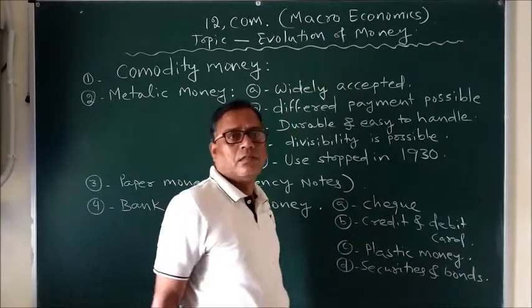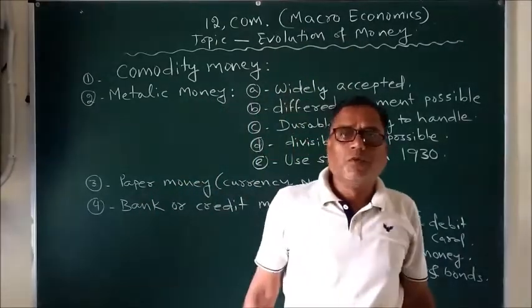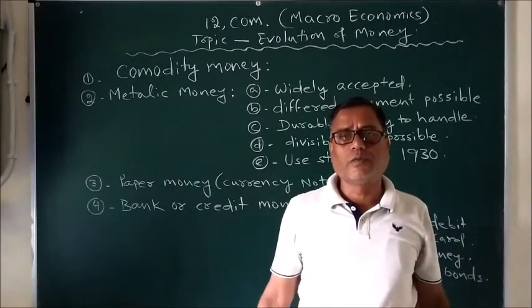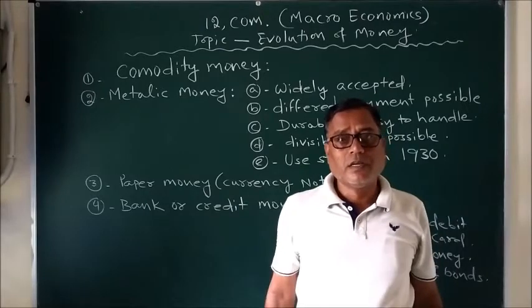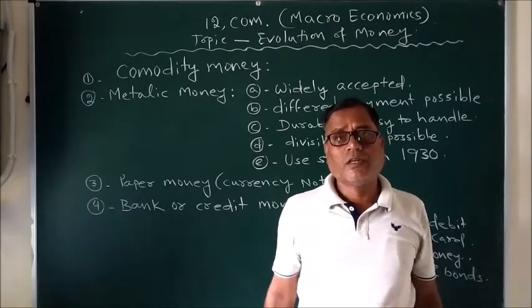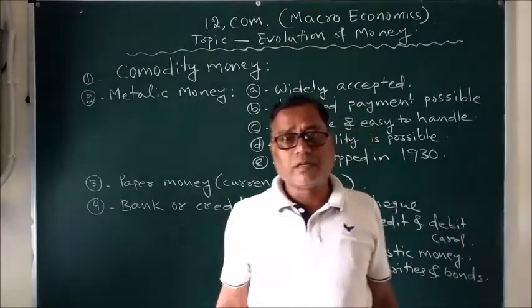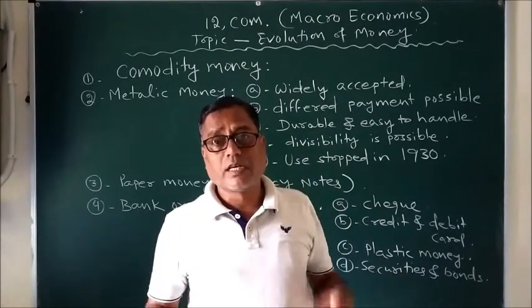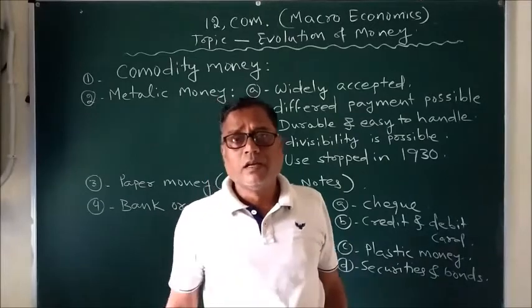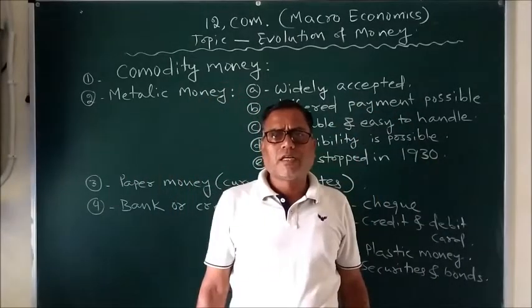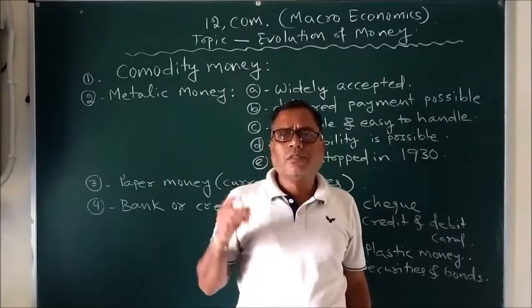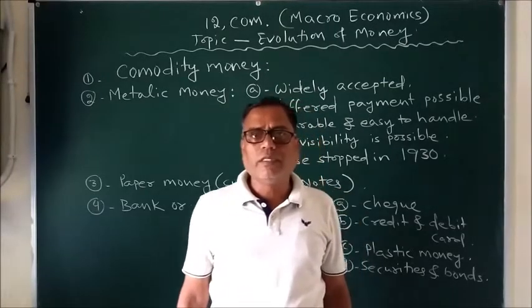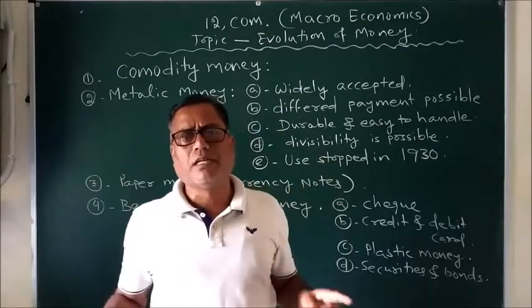Yesterday and the day before yesterday, we discussed other aspects related to money, like what is barter system, what are its characteristics, what are the requirements, or in what type of situation the barter system can prevail. And always remember that barter system would succeed or can prevail in an economy which is quite primitive in nature.